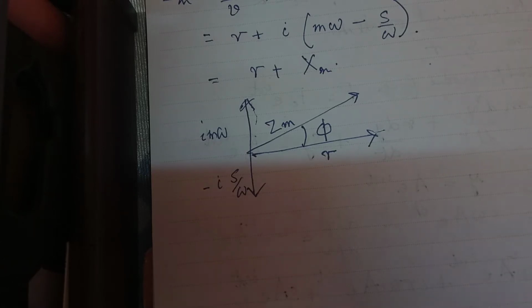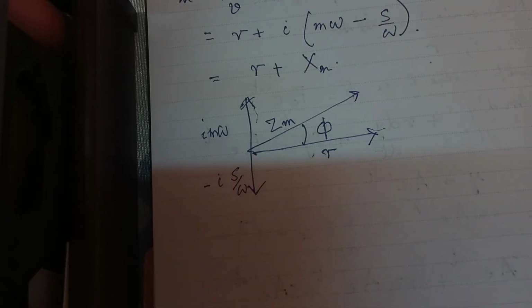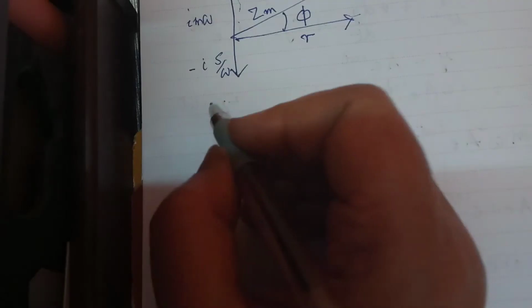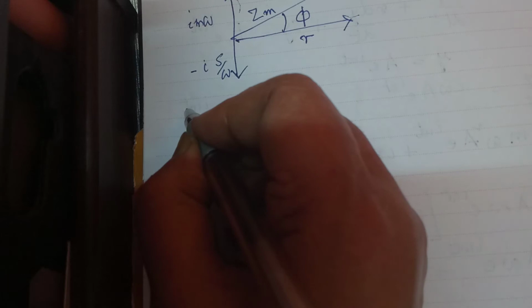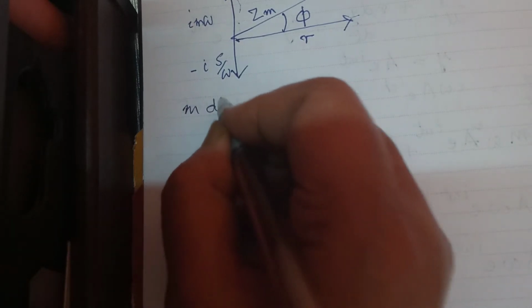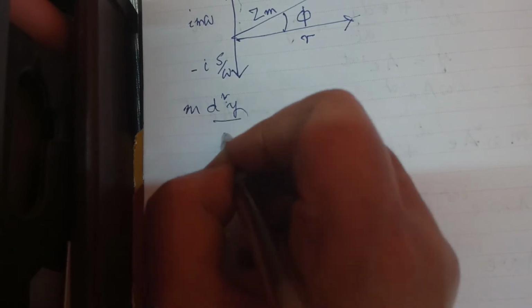Now how do you solve this equation? To solve this equation, basically what you do is the following. You first solve this differential equation. First it is the differential equation of a damped oscillator.